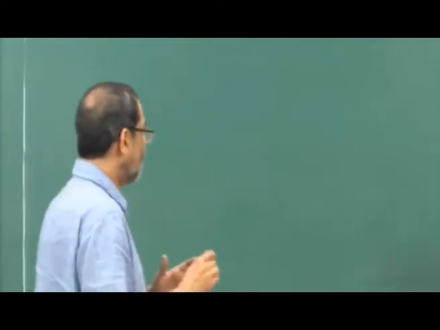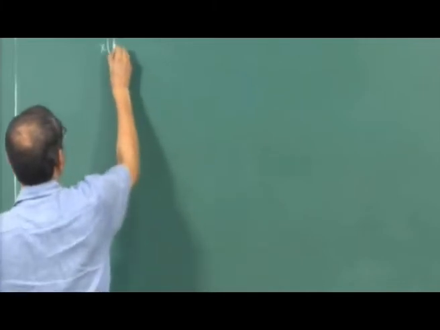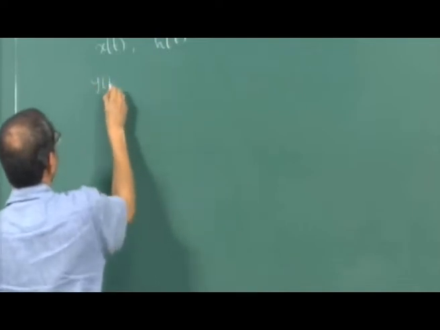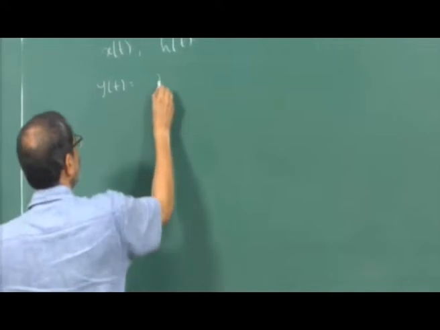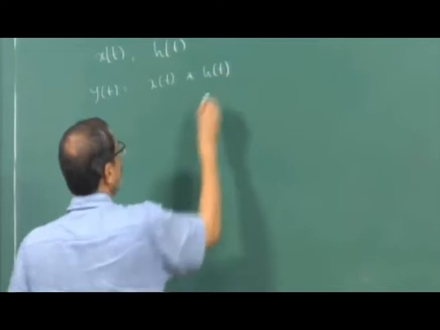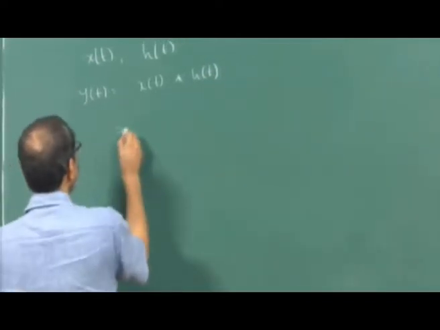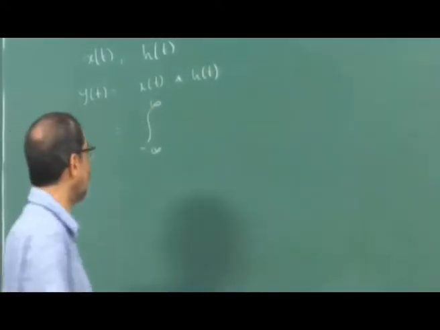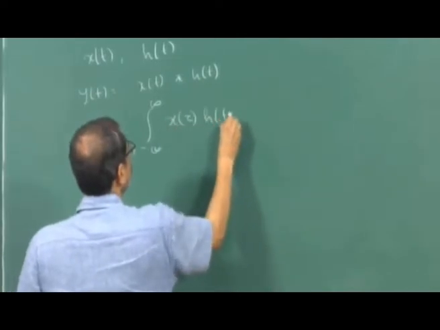We defined convolution of two functions or two signals x and h, as, if the resulting function is y, the symbol used is x star h, just like you have multiplication and addition, and this star means an improper integral from minus to plus infinity of x of tau h of t minus tau d tau.